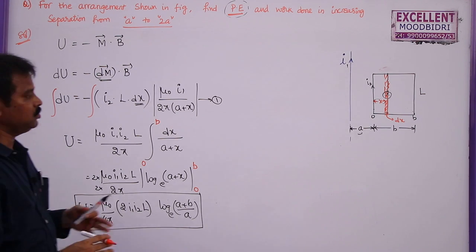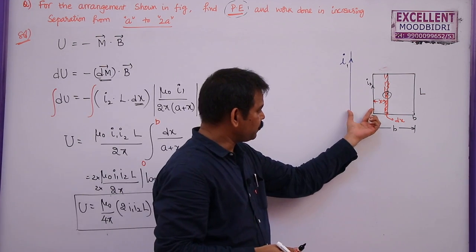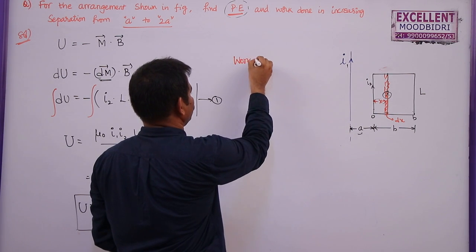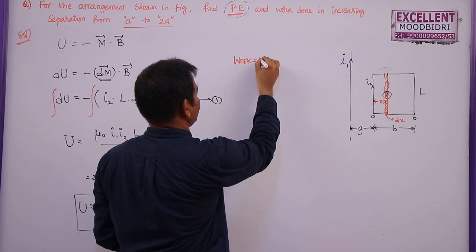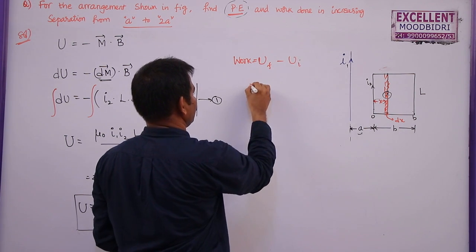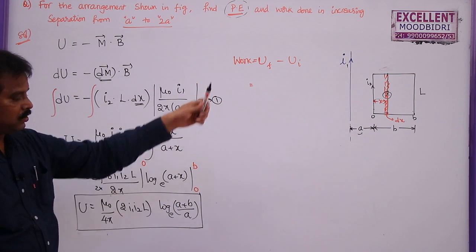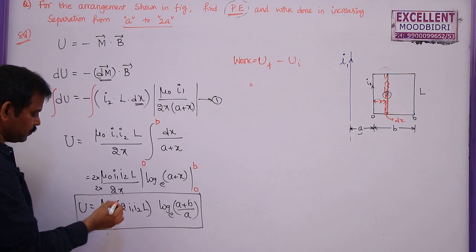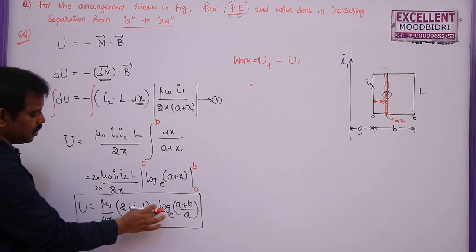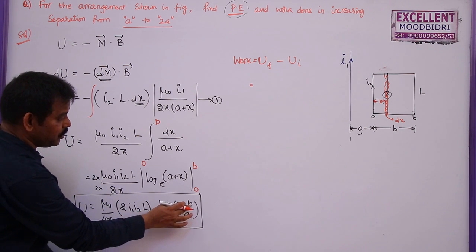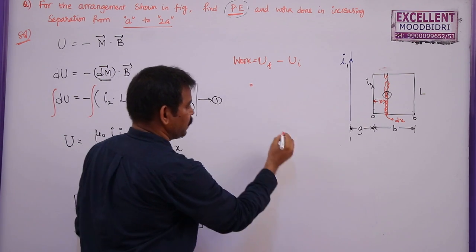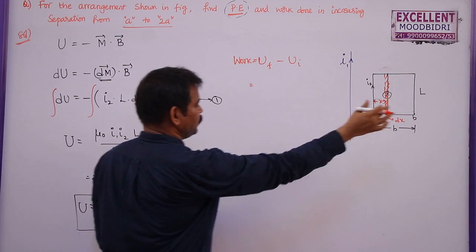Now if I want to change the separation from A to 2A, the work done is equal to the change in potential energy. So this is U final minus U initial. What is the final potential energy? The final potential is mu naught by 4 pi, 2 I1 I2 L, these are all constants. A is constant, b will change here. In the final potential energy, the separation is not A, it will be 2A.